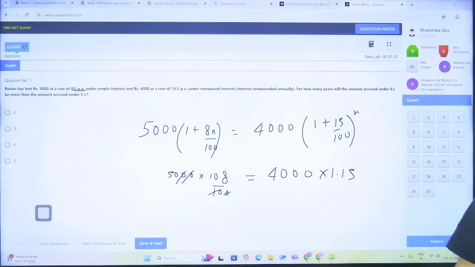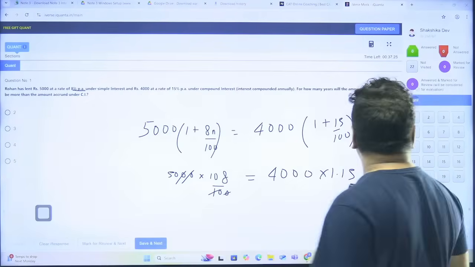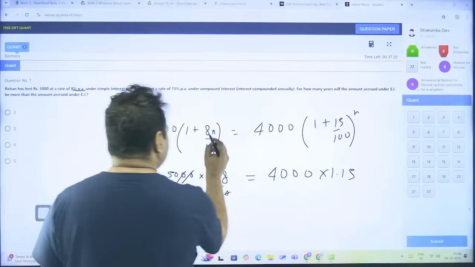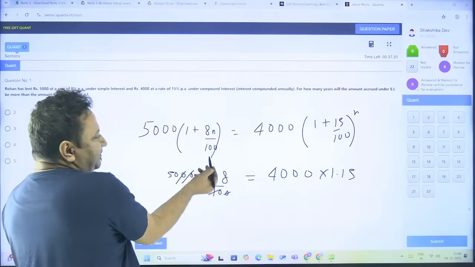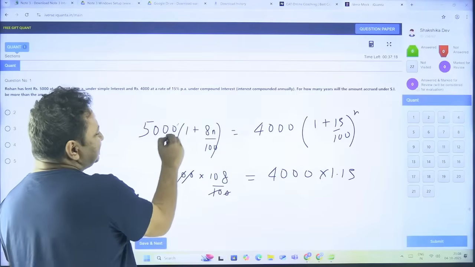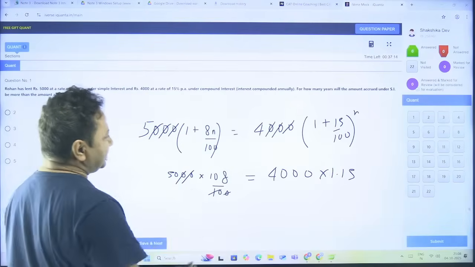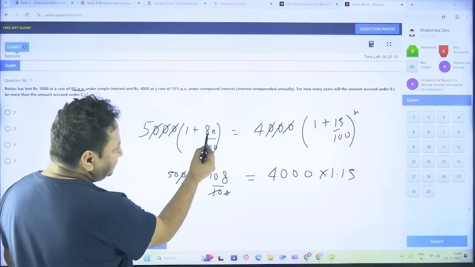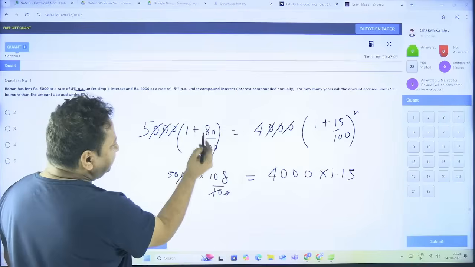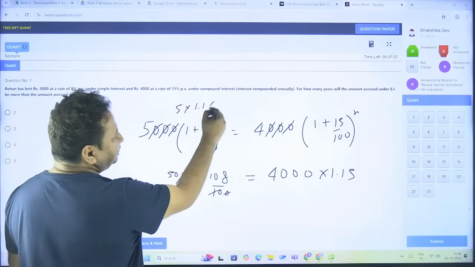Now, if I take n as 2, it will be 1 plus 16 by 100. So 5,000, I'll just remove these zeros, they are making me nervous. All the zeros are gone. Now 5 into 1.16 is what I have.